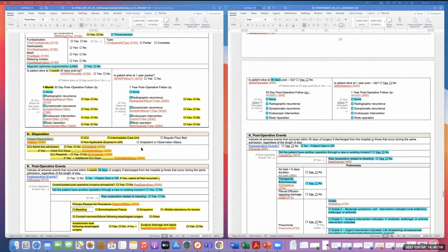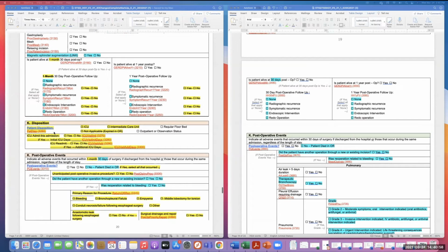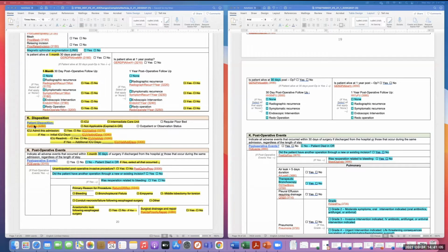Disposition, we've gotten rid of that. There was some discussion among the core group members and the surgeons regarding patient disposition, if they were discharged, if they were discharged from the OR to ICU, and their times. The decision was to remove that.